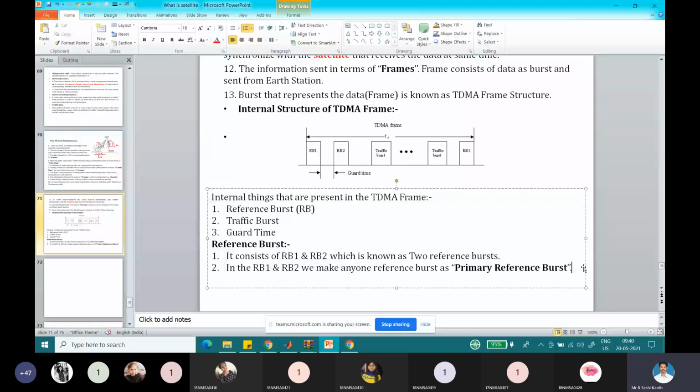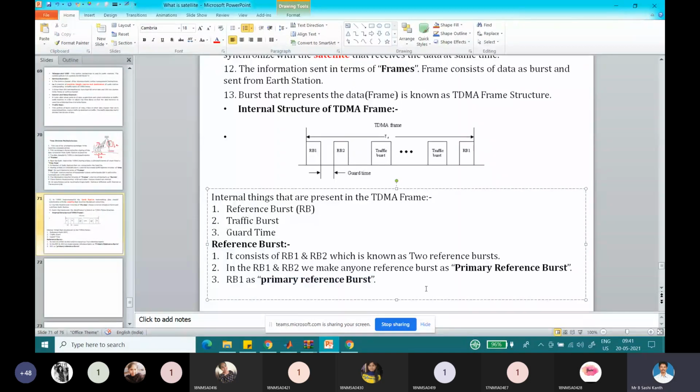But for the time being in this discussion, I'll make RB1 the primary reference burst.